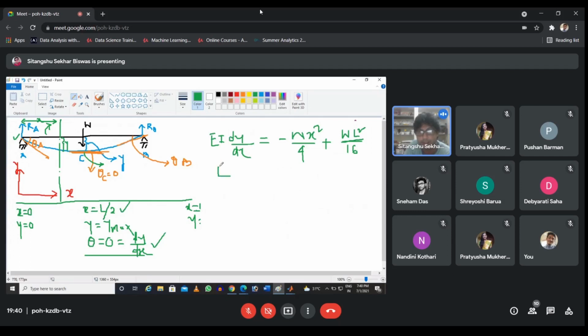Now if I take integration again, EIy is equal to minus W x cube by 12 plus W L square x by 48 plus C2.